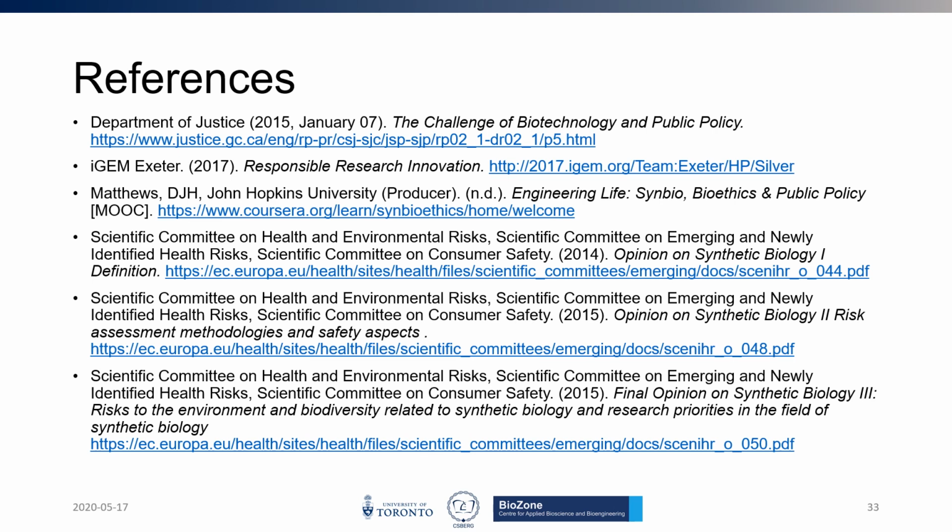They were the basis of a lot of the governance discussion that we had in this lecture, as well as the various opinion pieces that we discussed from a risk assessment base that was made by the EU Scientific Committee on Health and Environmental Risk, as well as the Exeter team from iGEM in 2017, who made a very interesting framework on how responsible innovation is to be applied. So I would recommend that you take a look at that.